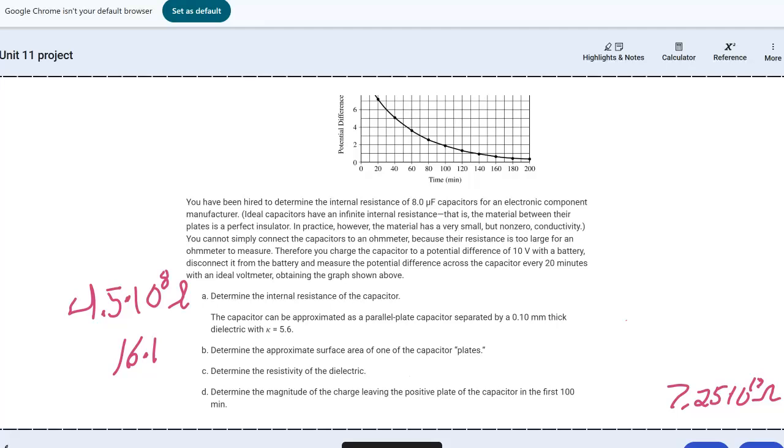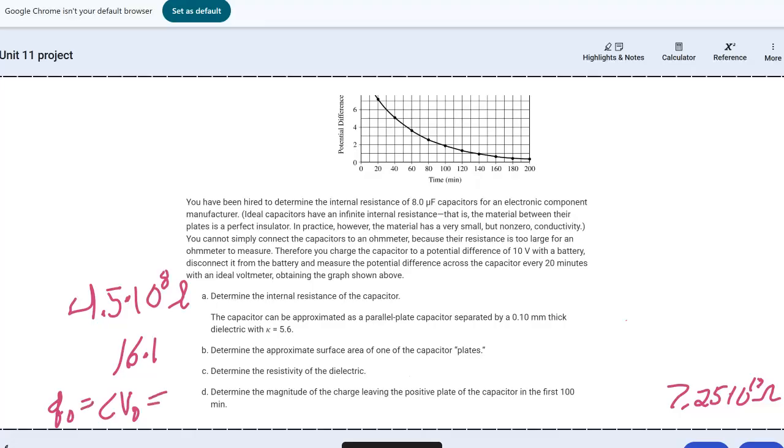Okay. Determine the magnitude of the charge leaving the positive plate of the capacitor in the first 100 minutes. Okay. Well, our initial charge, we'll do Q naught.